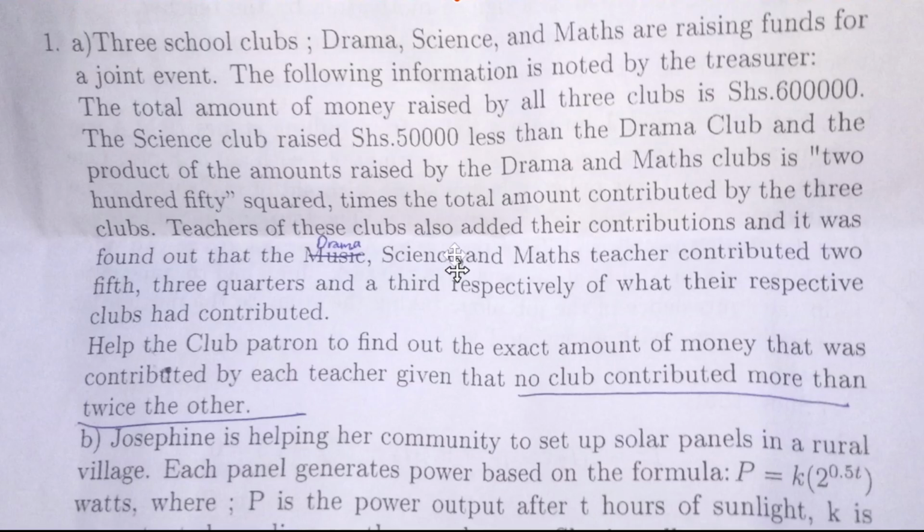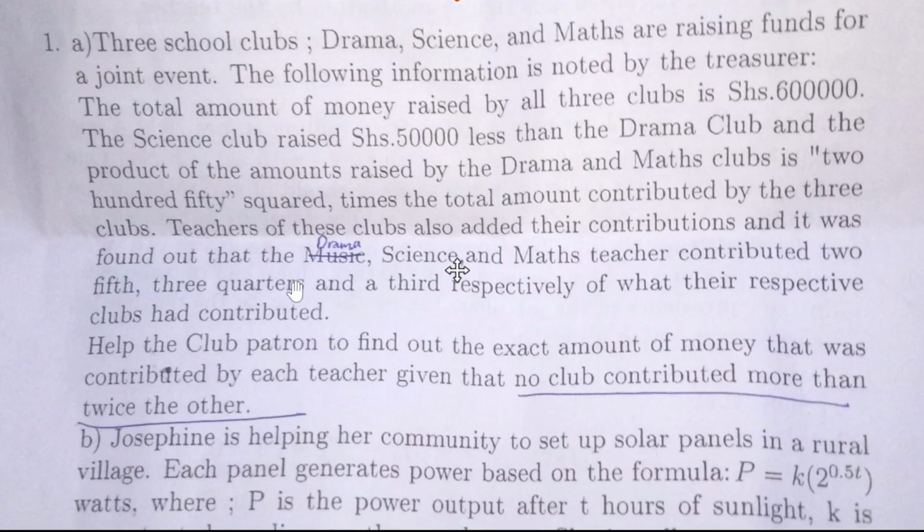The teachers of these clubs also added their contribution, and it was found that the drama, science, and maths teachers contributed 2/5, 3/4, and a third, respectively, of what their respective clubs had contributed.